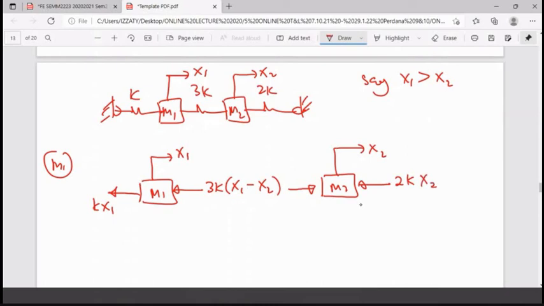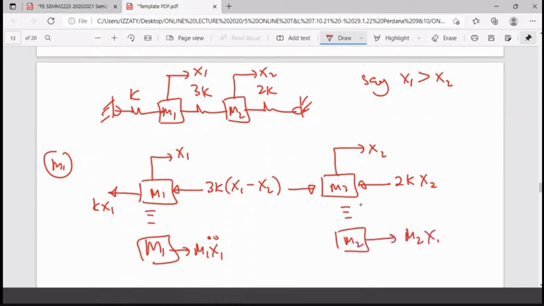Yes or no? This one becomes M1 X1 double dot. This one becomes M2 X2 double dot. Yes or no? Agree or not?